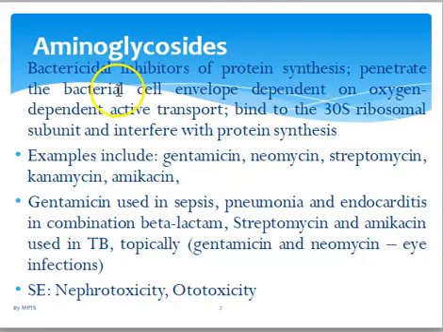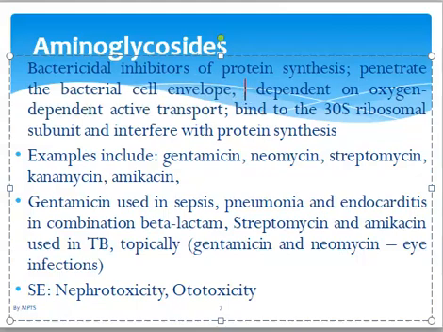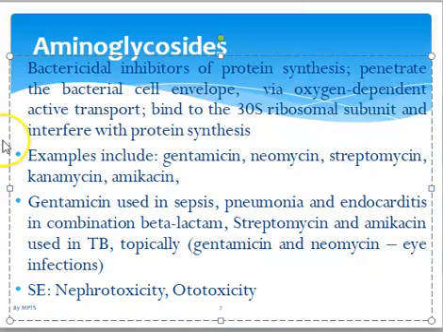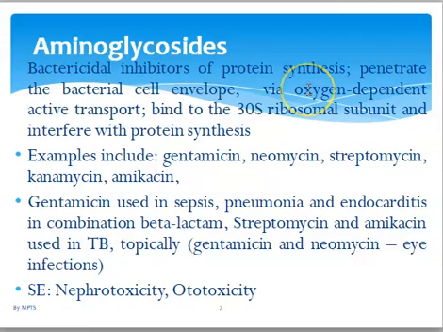They penetrate the bacterial cell envelope via oxygen-dependent active transport. Now, this is what makes them bactericidal. Of course they bind to the 30S ribosomal subunit and interfere with protein synthesis.